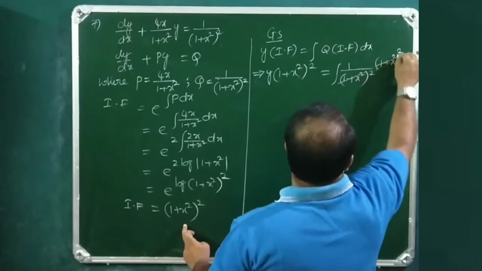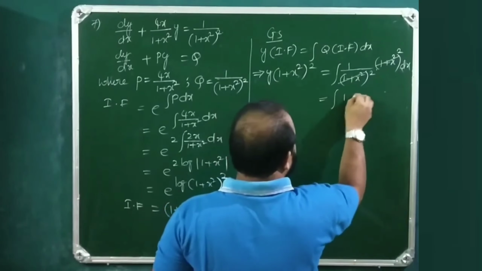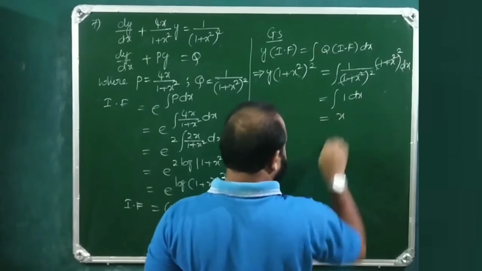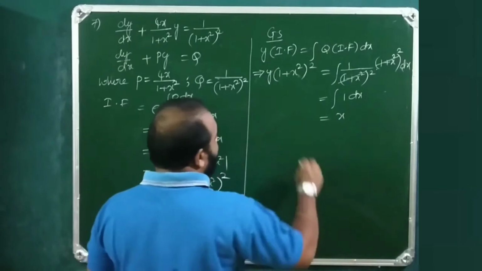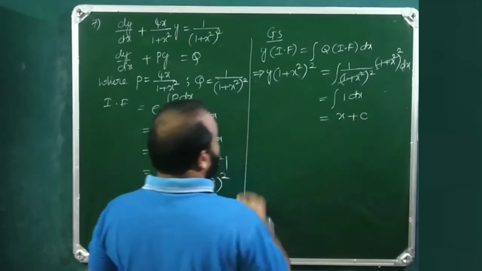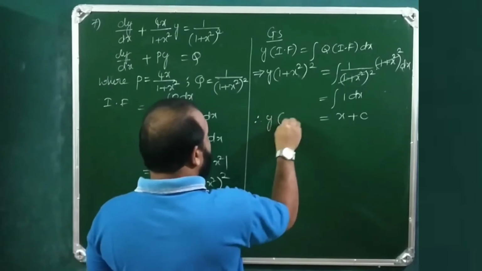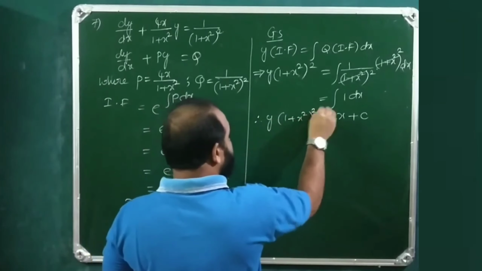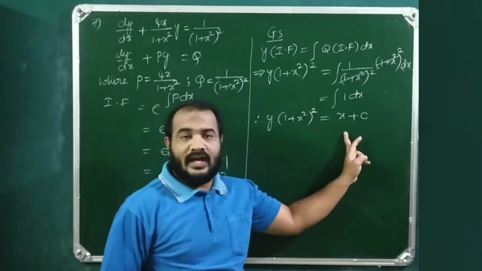So this and this get cancelled. Integral 1 dx is x plus constant of integration.